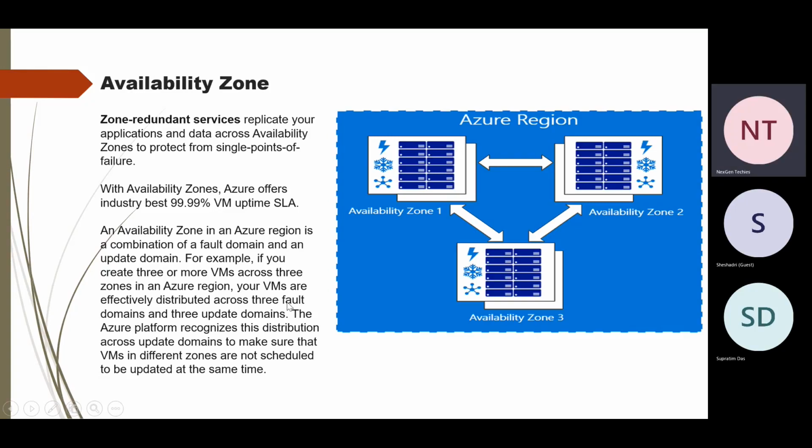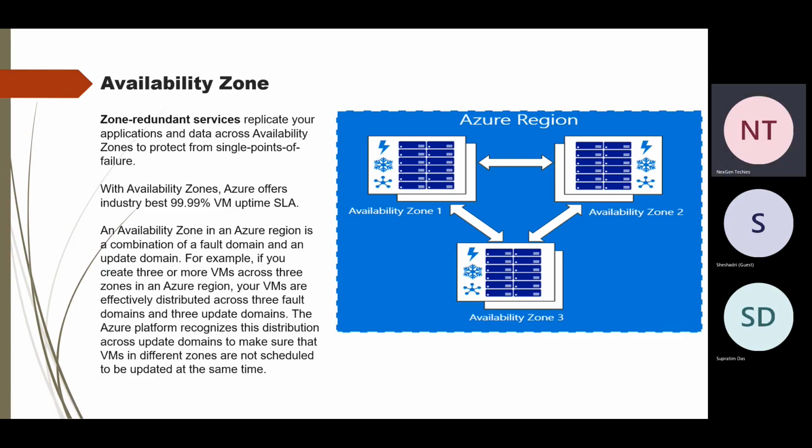Within the data center, you have 3 fault domains, meaning 3 racks, and in those 3 racks all your VMs are deployed automatically. A lot of things happen in Azure in the background, at the infra level. The Azure platform recognizes these distributions across update domains to make sure that VMs in different zones are not scheduled to be updated at the same time.